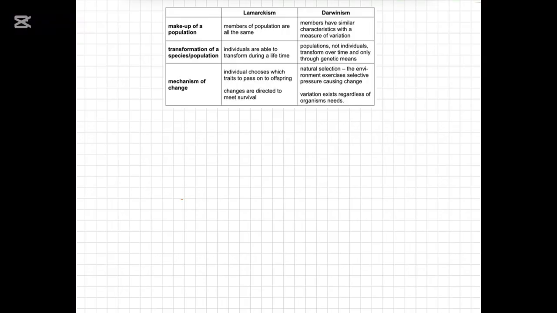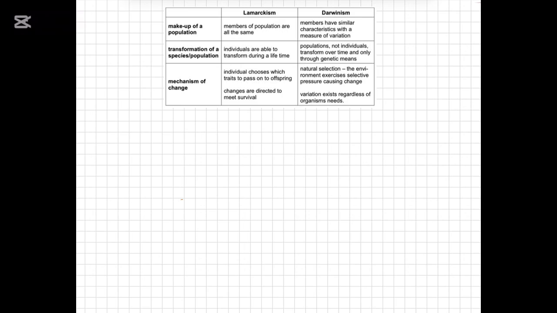So before we start, I want us to just get a brief of what Lamarckism and Darwinism are talking about. Here I have a table that compares the two. We did say that Lamarck uses the law of use and disuse, while Darwin has to do with the theory of natural selection.